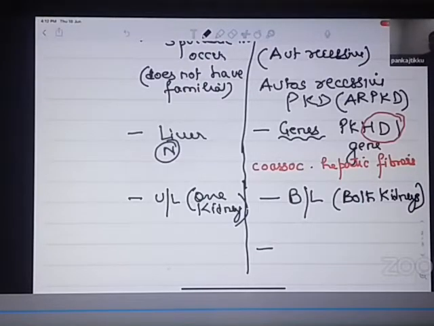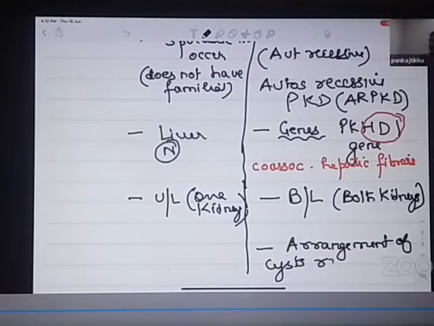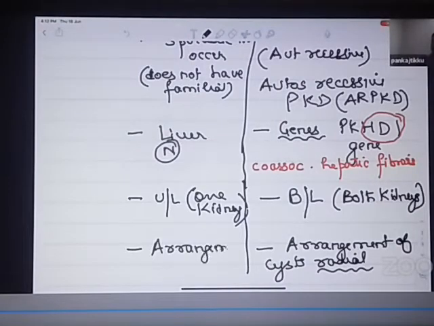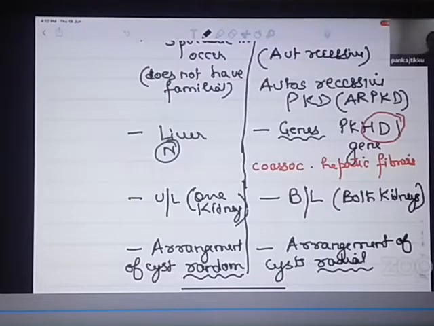Last, the arrangement of cysts. In polycystic kidney disease they are arranged in a radial fashion, while in multicystic dysplastic kidney the arrangement of cysts is in a random fashion. Some large cysts, some small cysts.